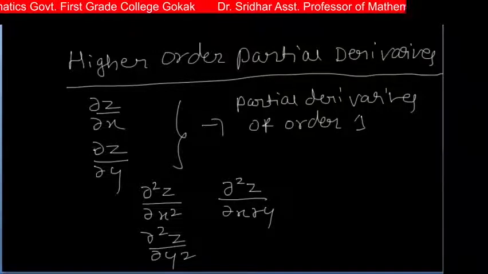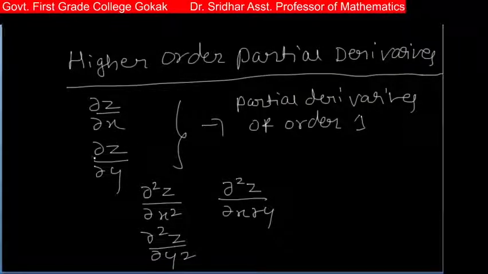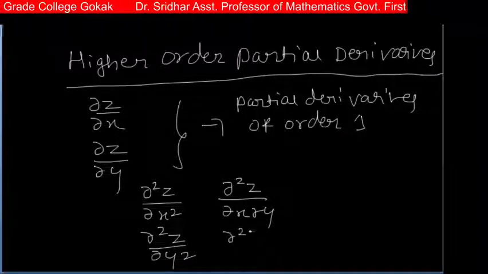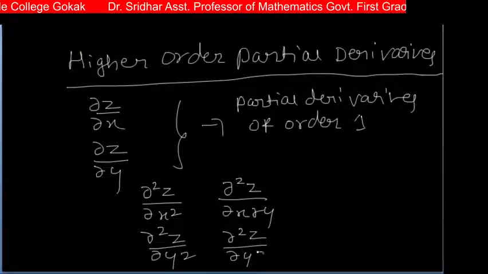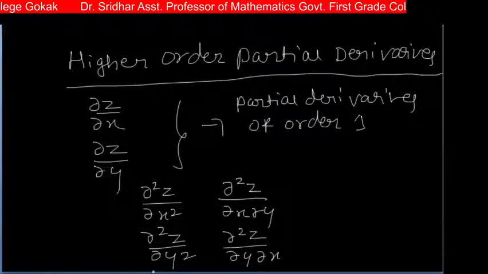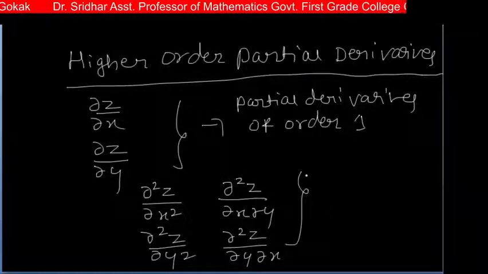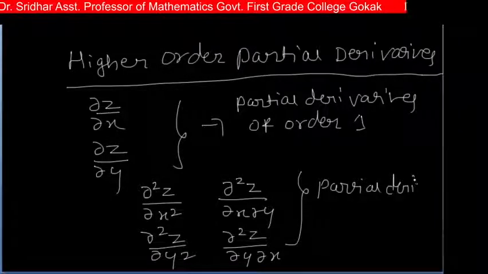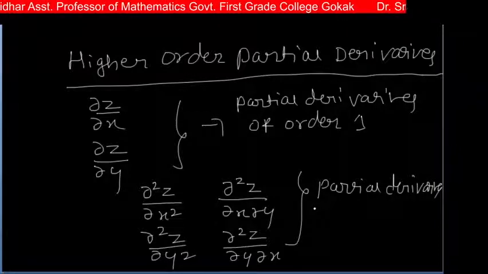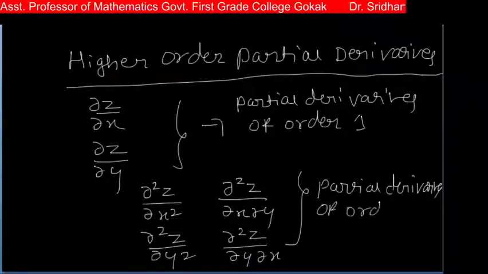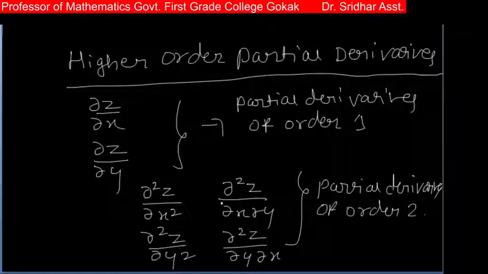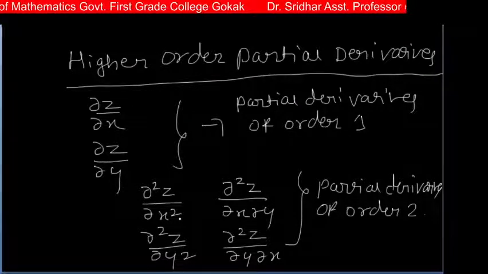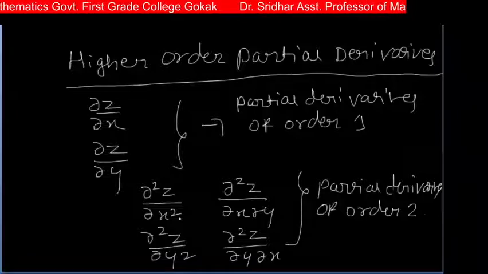Similarly, here this is dou z by dou y. If you differentiate this with respect to x, you will get dou square z by dou y dou x. Okay, so these are called partial derivatives of order 2.